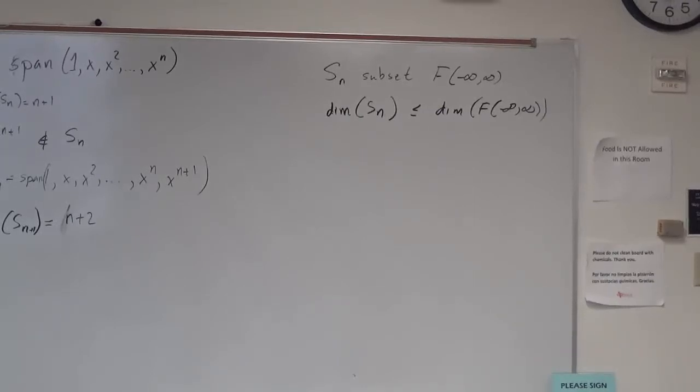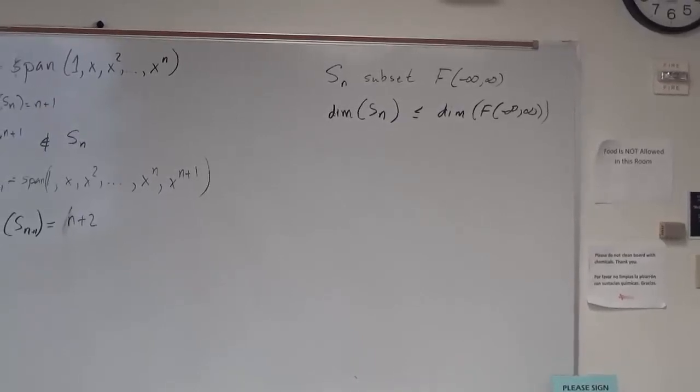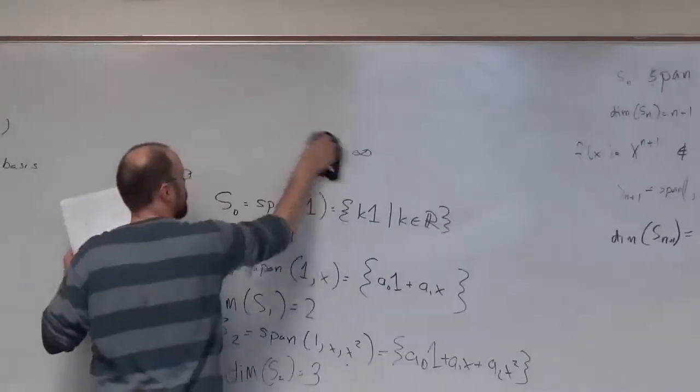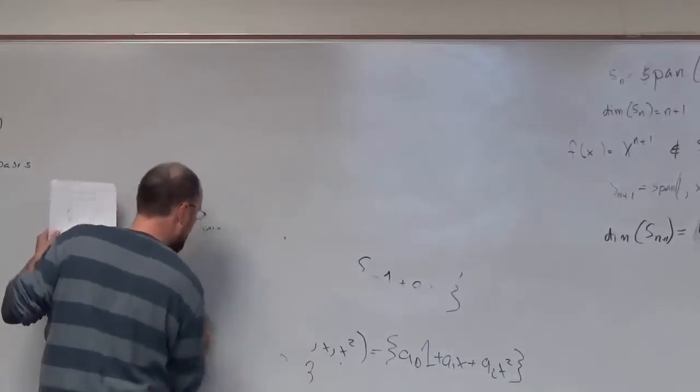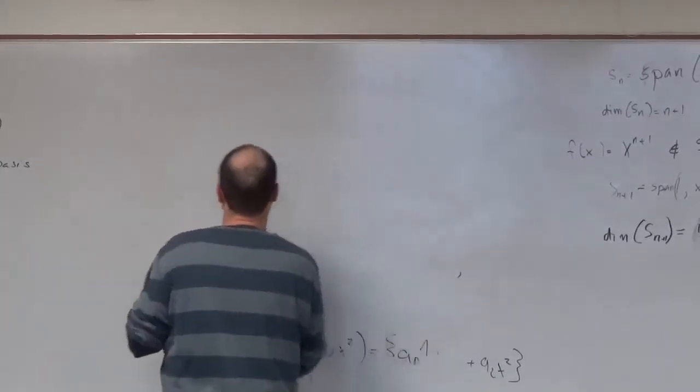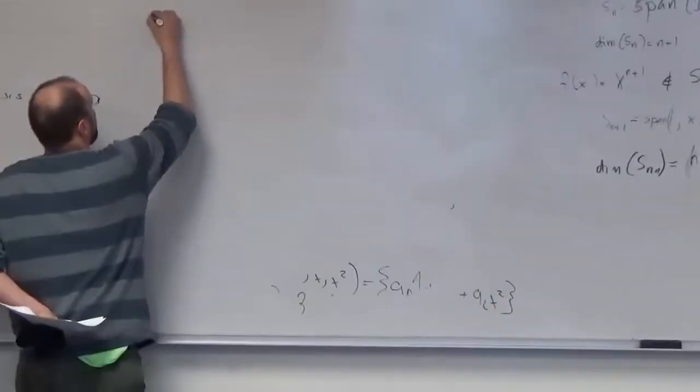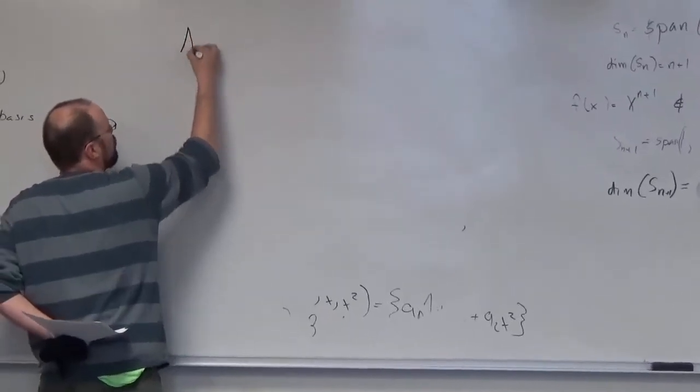Okay, so the second thing we're going to discuss is the kernel of a linear transformation. We mentioned this at the end last time, I believe, where we did it in terms of matrices.